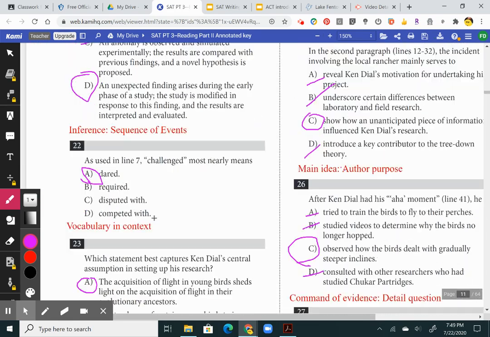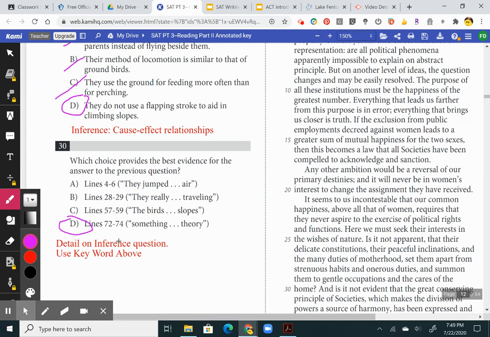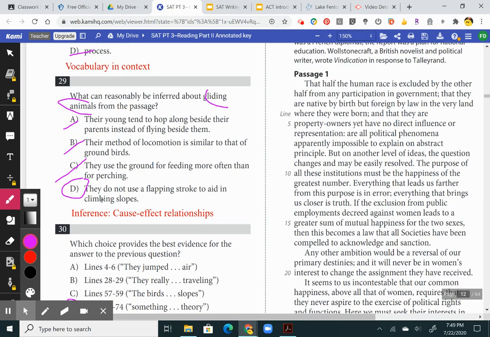So what we did there is look up a detail. We looked up where the passage talks about gliding and used it as a clue. Based on the passage, we know it talked about how they were using the flapping stroke to aid in climbing slopes, but the gliding animals don't do that, so they do not use a flapping stroke. That can be reasonably inferred.